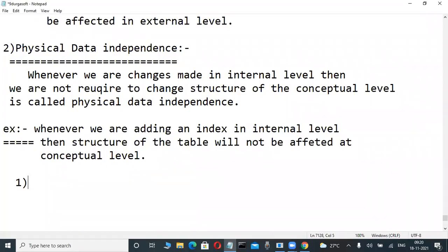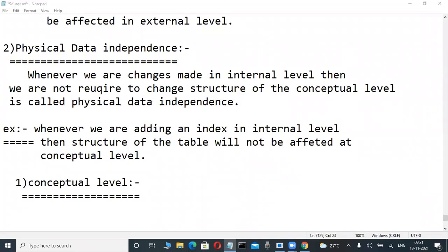Side heading, conceptual level. This is important. What is the conceptual level? It is dead easy. Everyone is writing up to physical data independence. Finished fast.